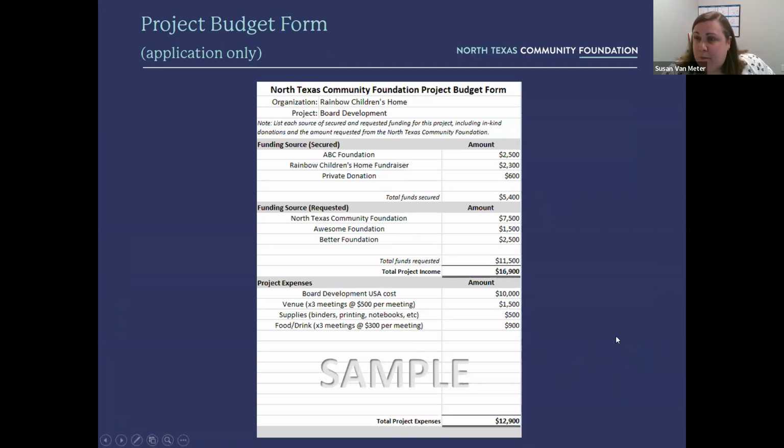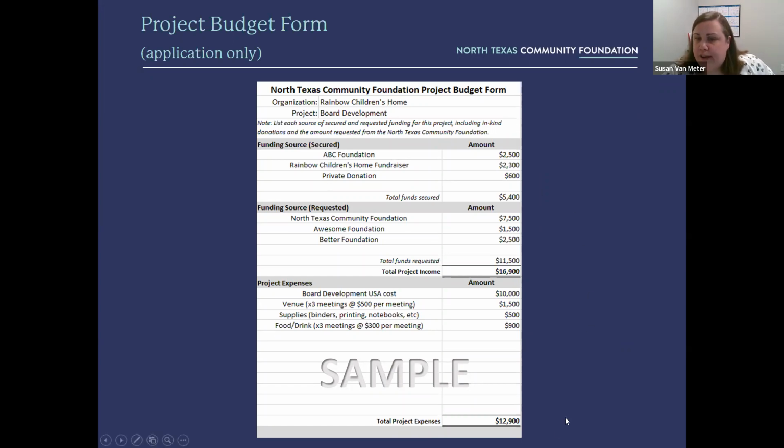A part of the application process is going to be a budget form and an organization budget form. So your project budget form here, you're going to list your organization's name, the name of your project, and then this first section right here, you're going to list the secured funding you already have for this project.